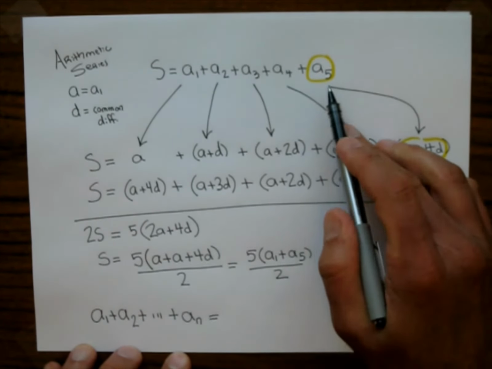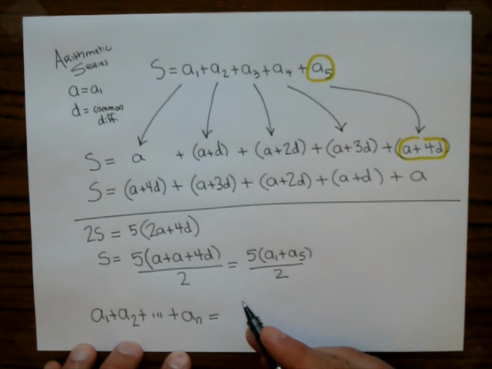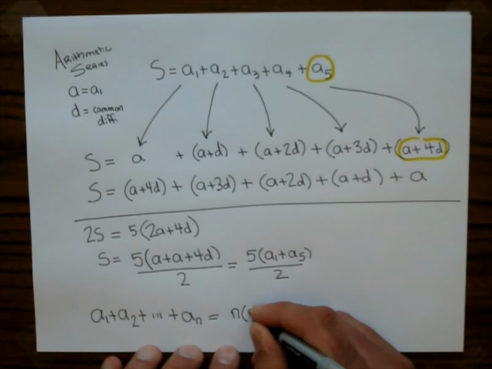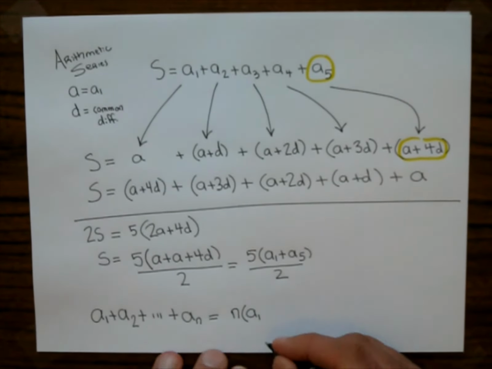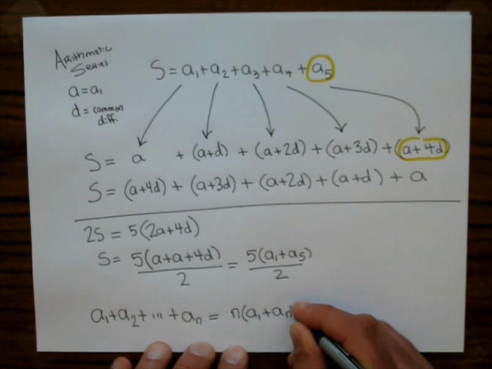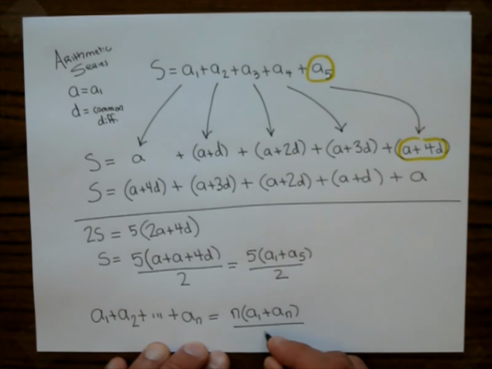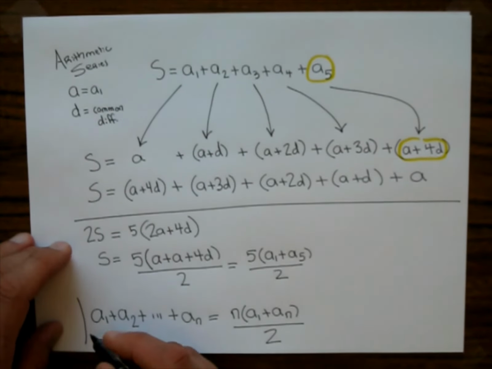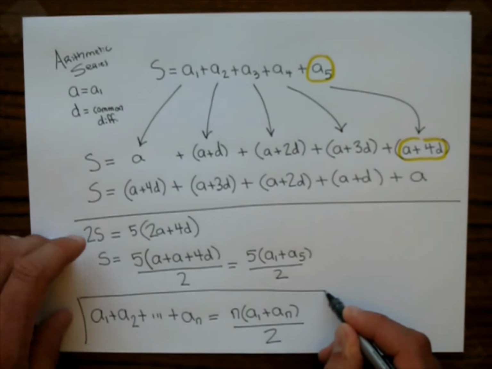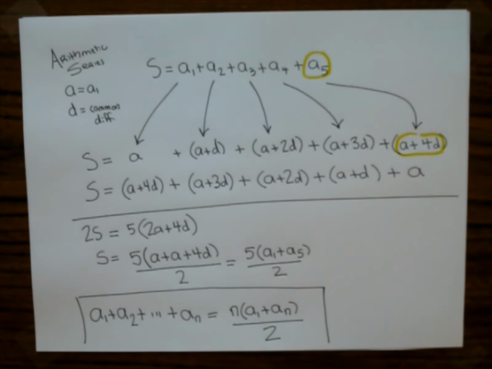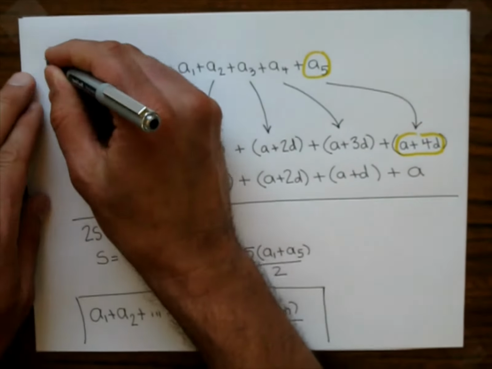Well, instead of putting a 5 here, we would put an n here, and then we'd put the first term, which is A1, plus the last term, which is An, and we would divide by 2. So this is the formula which gives you the sum of the first n terms of an arithmetic series.